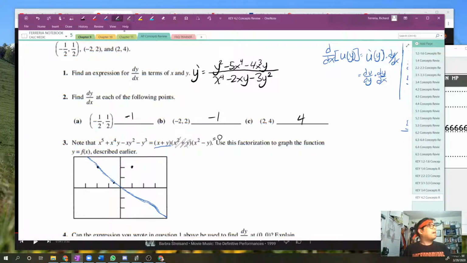The last factor over here, x squared minus y, if we make that equal to 0, that turns into y equals x squared, which is just a parabola. Let's graph the parabola real quick. I think I put that 1 point in the wrong place. It should be 2, 4. 2 and 4 is way up here, right?